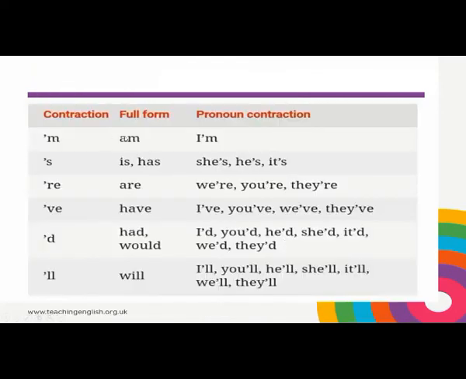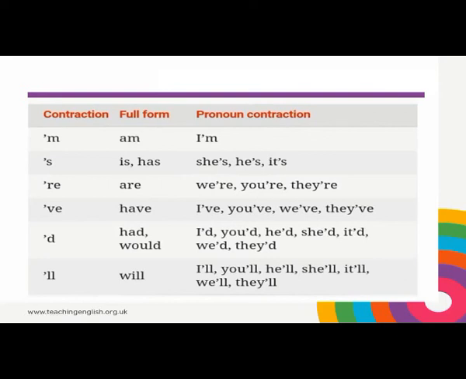Okay, so full form am, pronoun contraction, I'm. Full form is, and contraction apostrophe s. How can we pronounce it? She is, she's. He is, he's. It's.